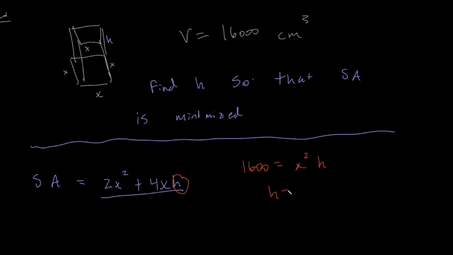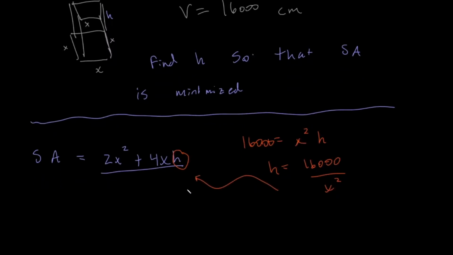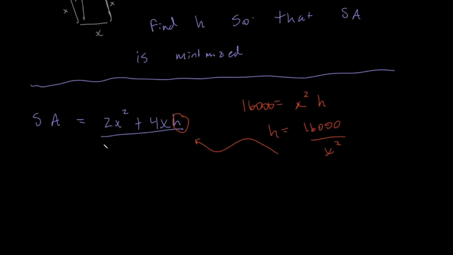So h equals 16,000 divided by x squared. So I'm going to substitute that in. So I get surface area equals 2x squared plus 4xh, where h is 16,000 divided by x squared.